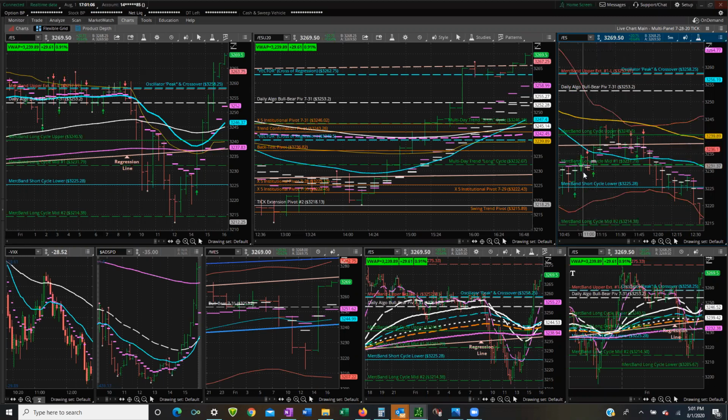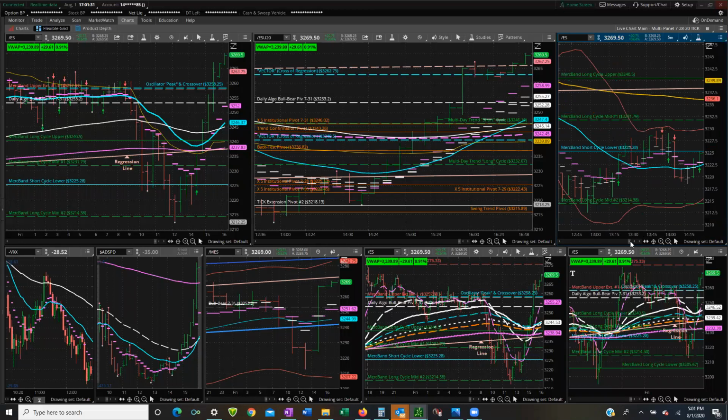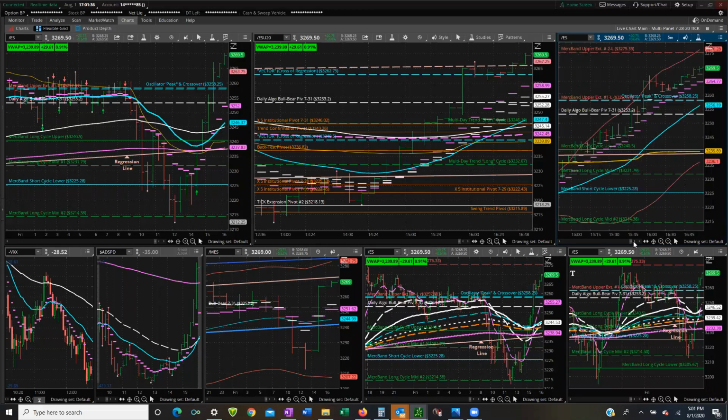Now this one, when it crossed from below to above, this is 5 minutes, so 1, 2, 3, 4, 5, 6, 7, 8. So you had 40 minutes before it reversed down. But there are times when you'll get a little poke up above the Bollinger Band like this, and then it reverses, and then you're trapped. So that's why we've got this on here. If you're the kind of trader that likes to trade off 5-minute charts, or you're used to trading off Bollinger Bands, that's what this is here for.